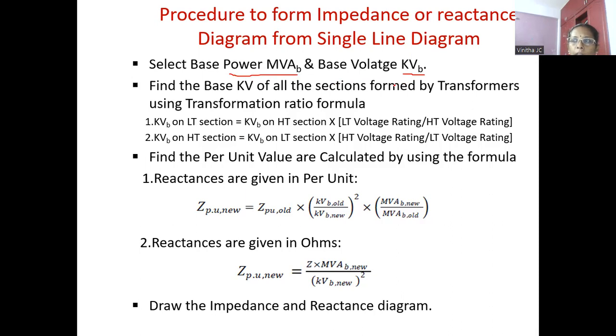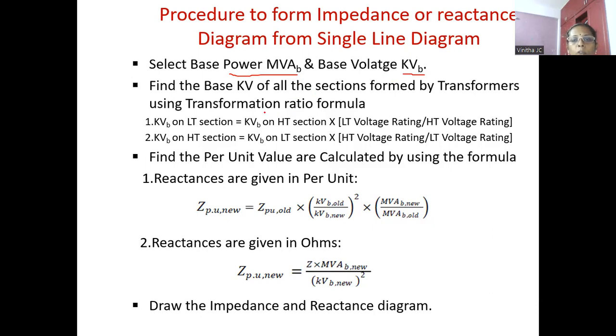Suppose the base KV value is not specified in the problem, then we need to take the transmission line voltage as the base value. And for all the remaining sections, we need to calculate the KVB new value.